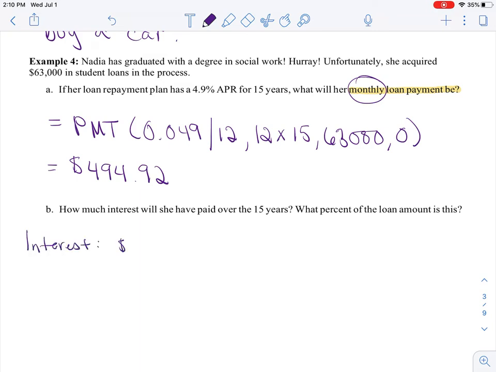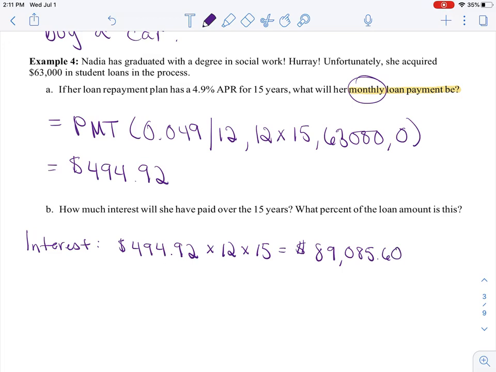So again, she pays $494.92 per month for 15 years. And if I do that in my calculator, I'm going to end up getting $89,085.60.